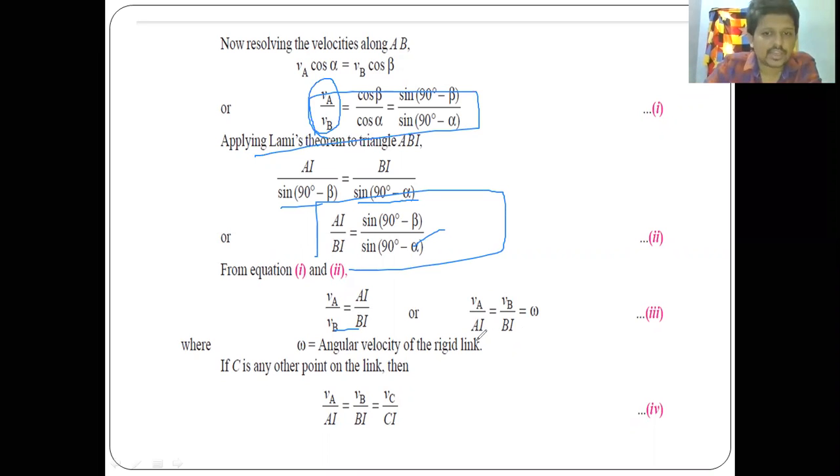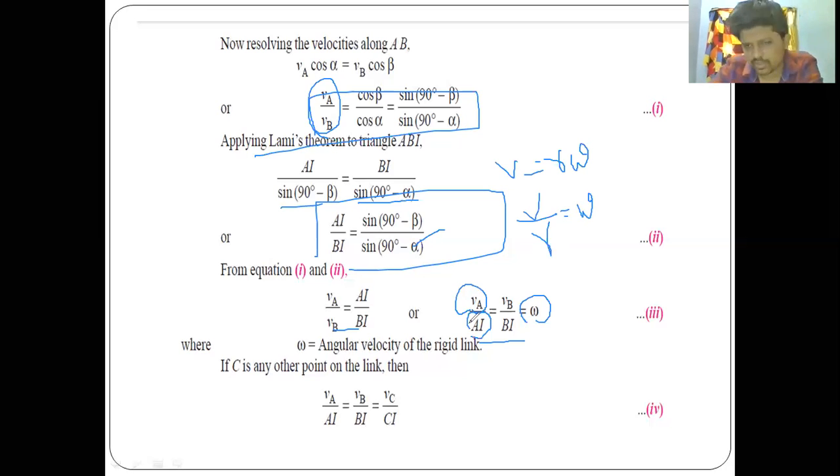So VA by AI is equal to VB by BI, which is omega, because we know V is equal to R omega, right? That means V by R is equal to omega. Here V is the linear velocity, and R is some distance or displacement. If it is AI, you take it as a radius, which is equal to omega, the angular velocity.